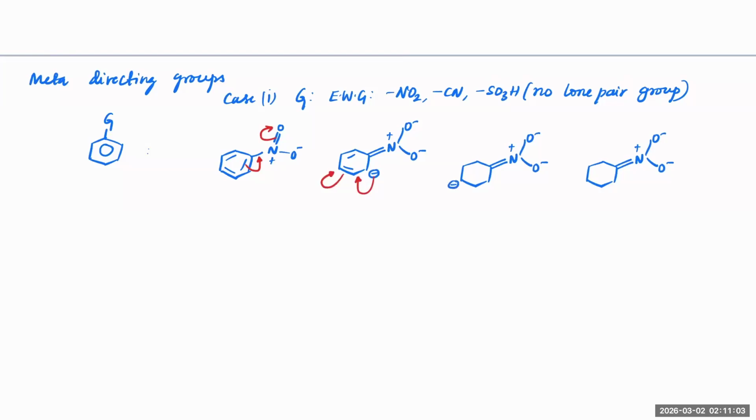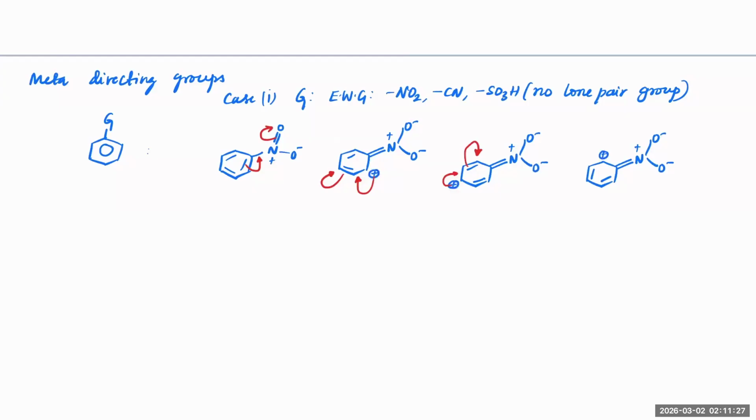Again, the lone pair can move here, pi bond can move here. That way, you will get double bond, double bond, sorry, not negative, positive. So you can see positive charge is forming at ortho and para positions.